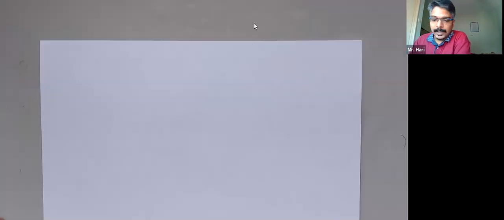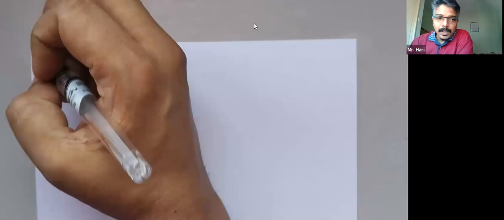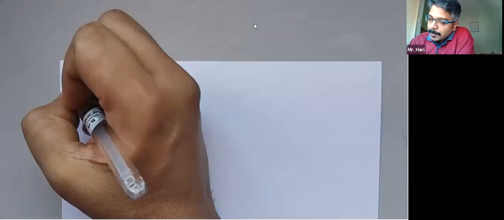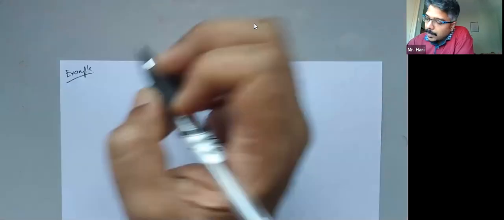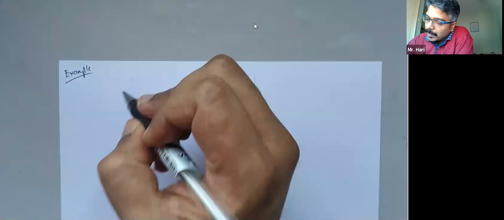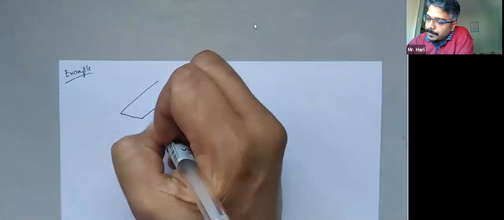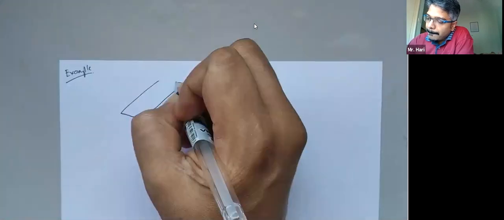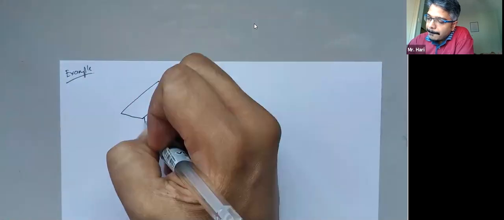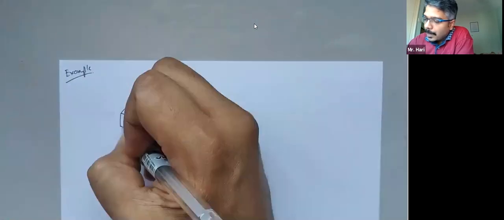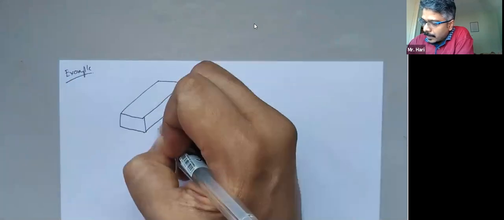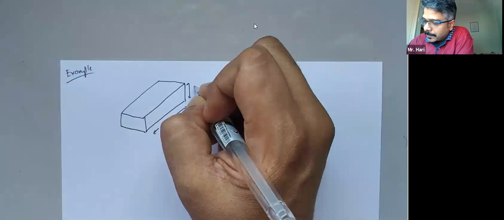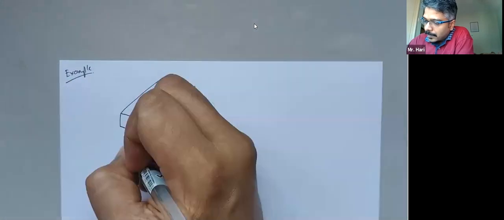Okay, let's see another example. If you're given, let's say, a cuboid, where this is the length, this is the height, and this is the width.